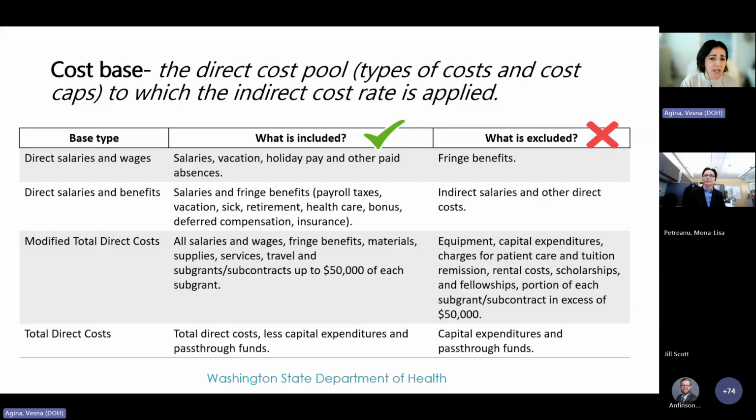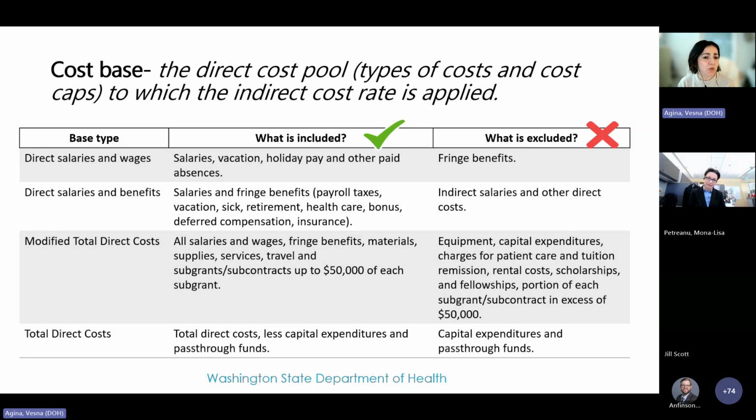Then we have direct salaries and benefits, where the salaries and fringe benefits are both included in the base. The modified total direct cost is the one that's used for the de minimis rate. One thing to keep in mind with the modified total direct cost that we've seen happen from time to time is that rental costs are excluded from modified total direct cost.